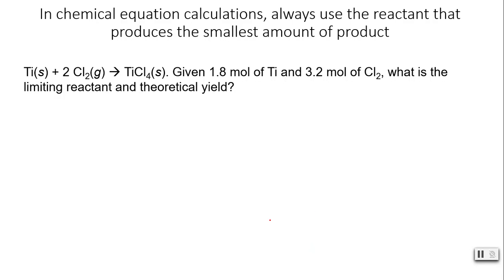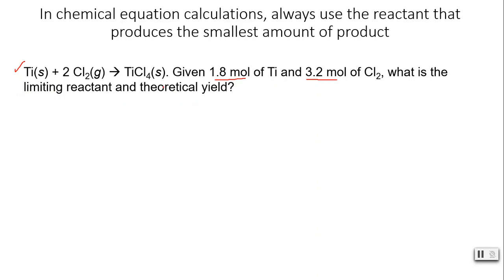Okay. So let's say I have this example balanced chemical equation, solid titanium reacting with chlorine gas to give me titanium 4 chloride solid. And I have given you amounts of reactants in terms of moles, and I want to know what the limiting reactant and the theoretical yield is.